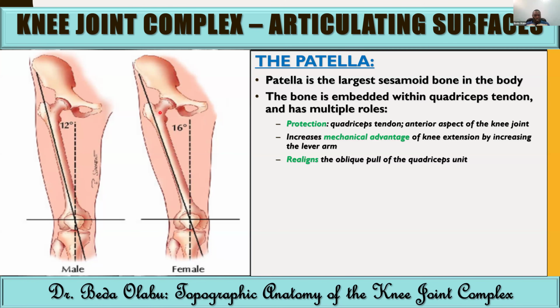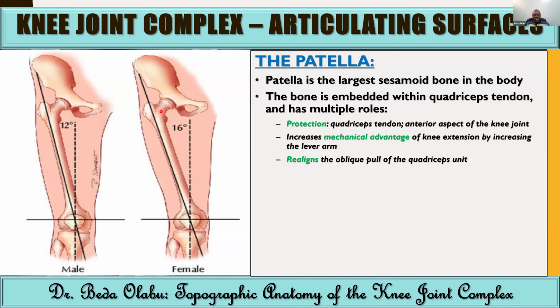If the long axis of the femur is not vertical, then the resultant pull of the quadriceps unit is also not vertical, because the femur itself is inclined and the quadriceps are on the femur. So we can use this imaginary line to represent not necessarily the shaft of the femur, but the axis of pull of the quadriceps.